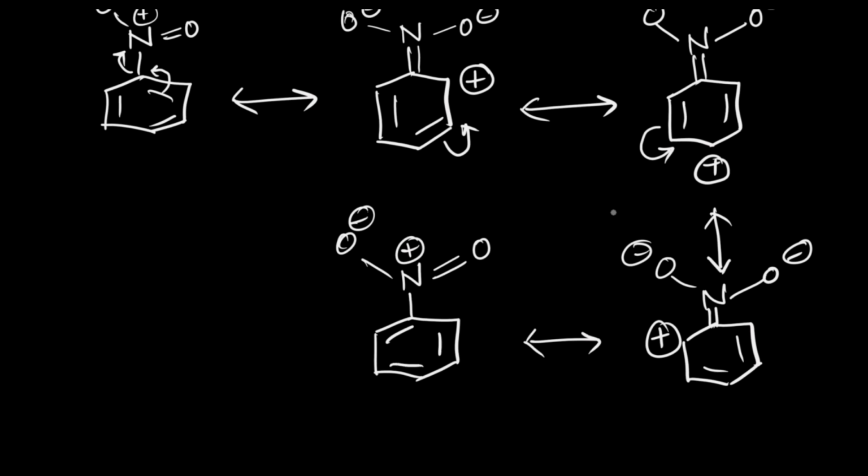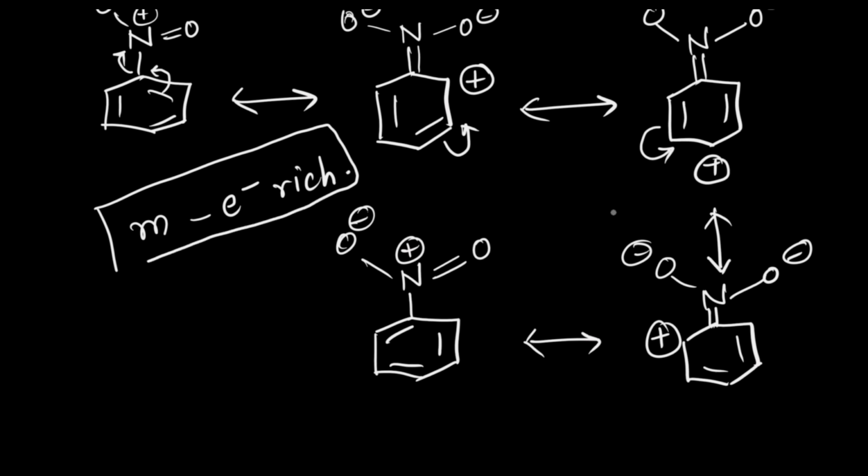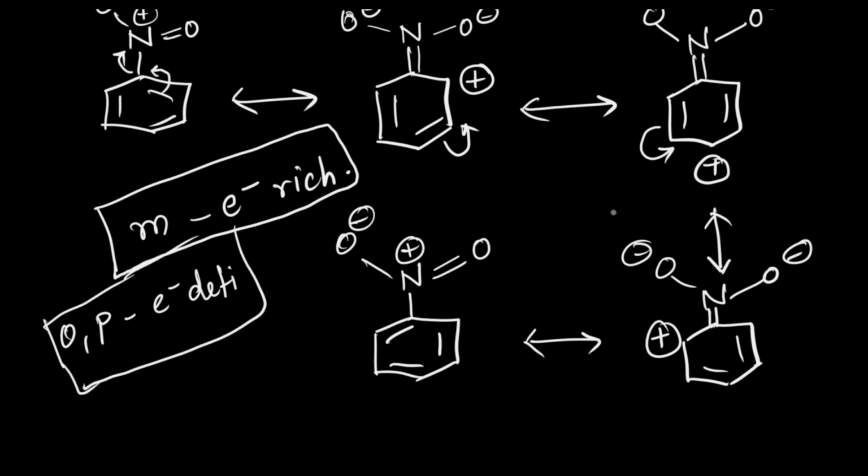You can see, comparing ortho, para and meta positions, meta is electron rich. If an electron withdrawing group is present in the benzene ring, ortho and para become electron deficient. Okay, this is a point to be noted, please note it down. This will be very helpful in case of substitution reactions.